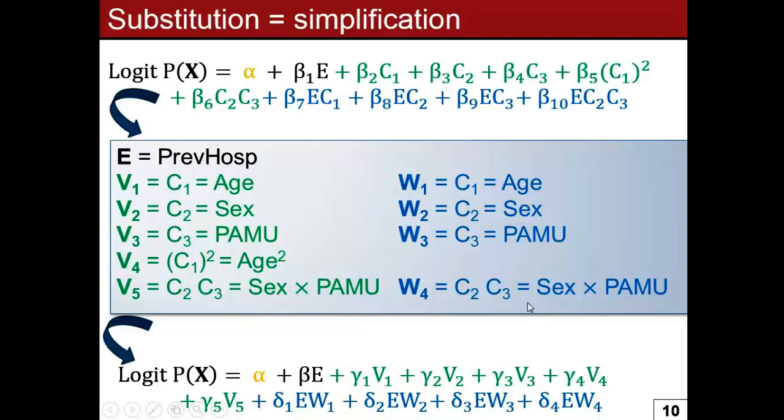We got rid of the other betas and replaced them with other Greek letters. What that lets us do is focus for most of our inference on the beta times exposure. This is the main thing of interest. This is why we did the study, and the other stuff we're going to have to deal with. By not calling everything beta, that's going to be helpful in focusing on what we actually care about.